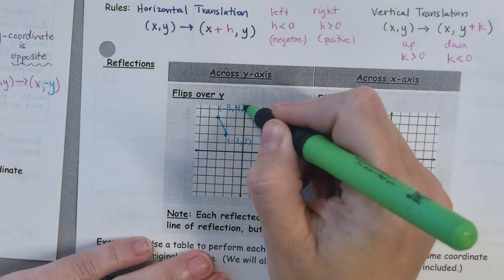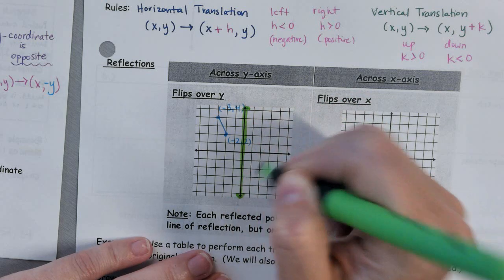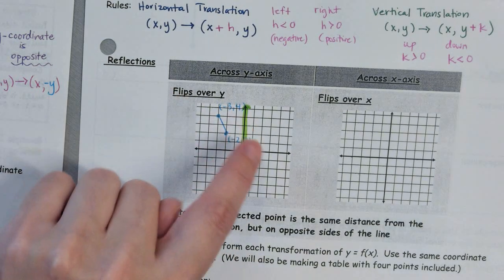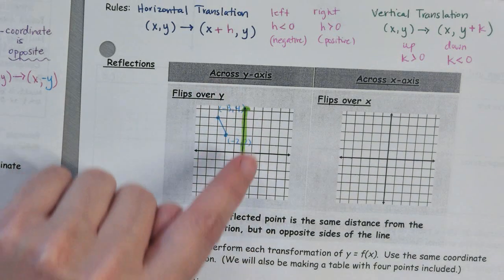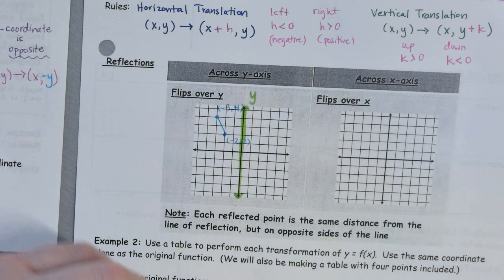If you don't have 2 different colors, just make the reflection a dashed line instead of a solid line, so you can see the difference between the 2. Sometimes I also highlight the line of reflection. So if it's across the y-axis, that's your line of reflection. And then I just want to see if you guys can graph what the reflection will be.